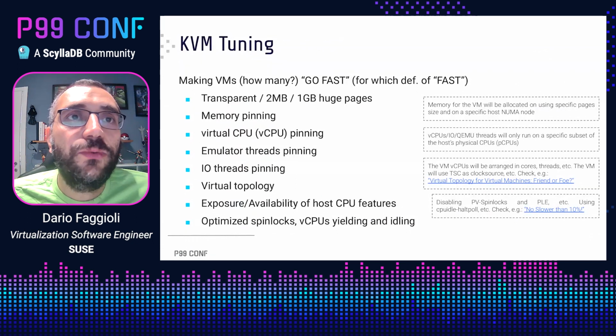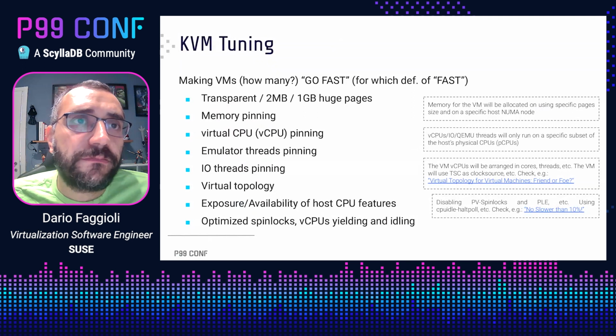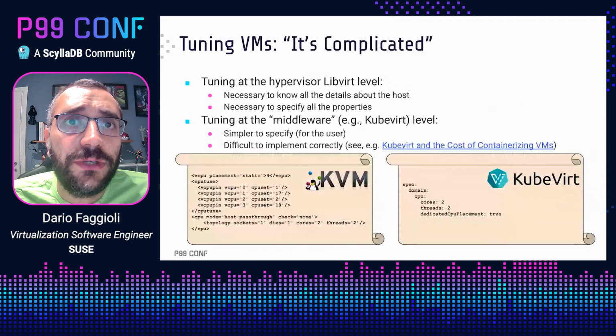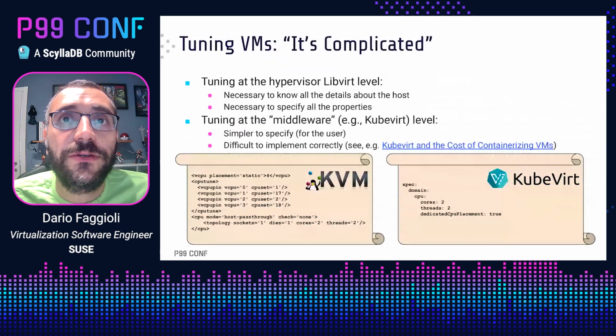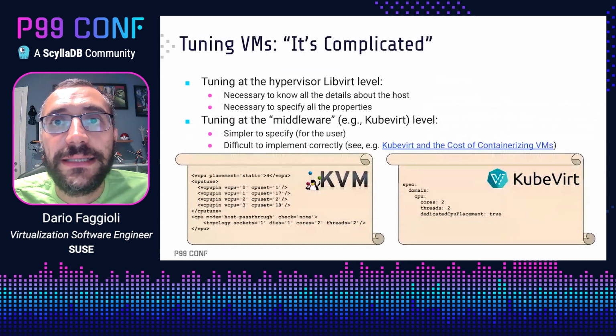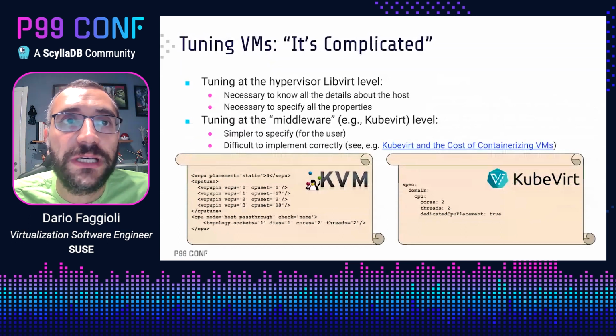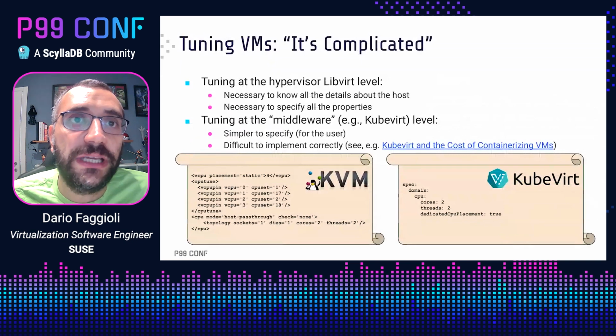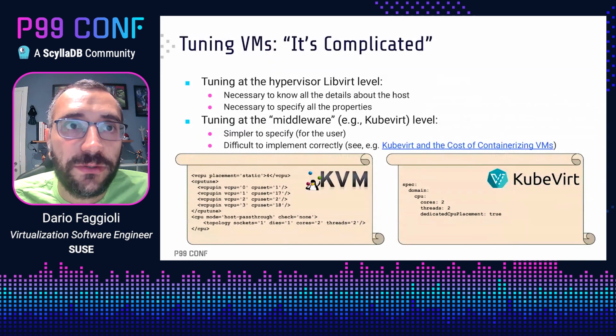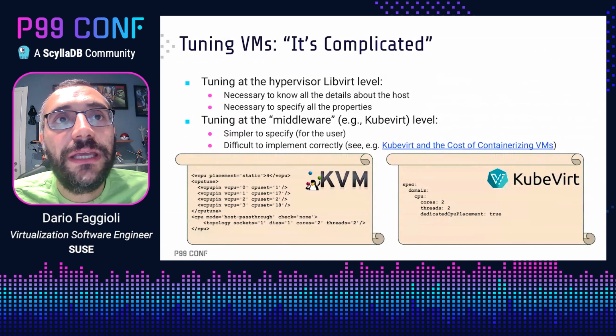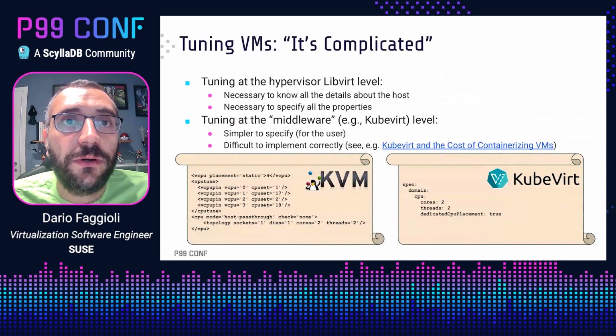So, how do we tune virtual machines? Well, we can do it at the hypervisor level, which is very powerful, but it's also very long and complex and not very flexible because we must know and specify a lot of details about both the VMs and the host. Alternatively, we can rely on some form of middleware, such as, for example, KubeVirt.